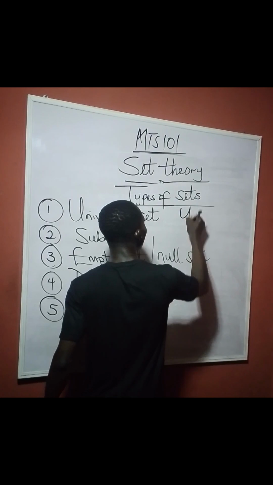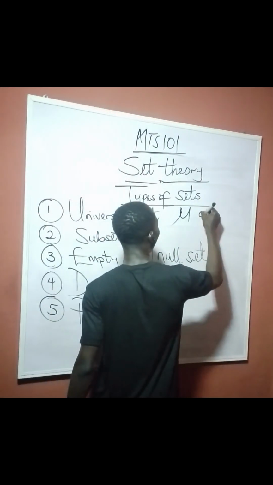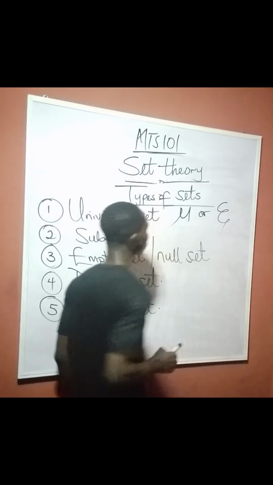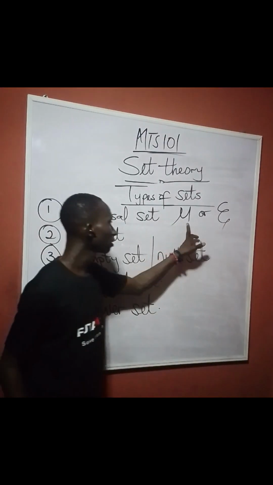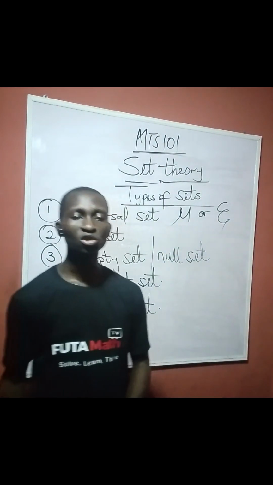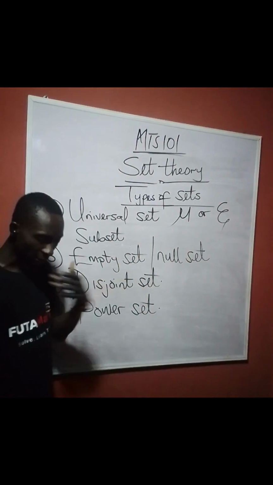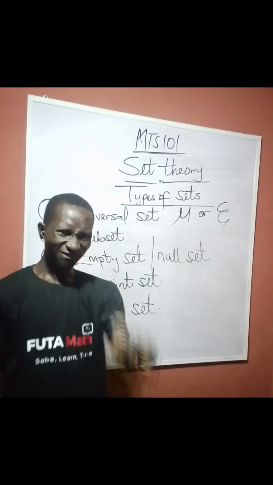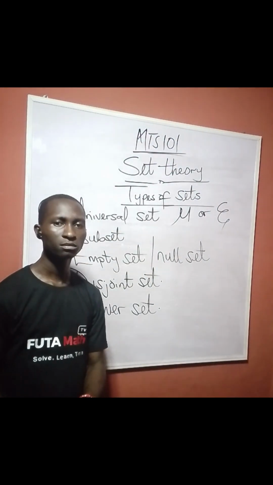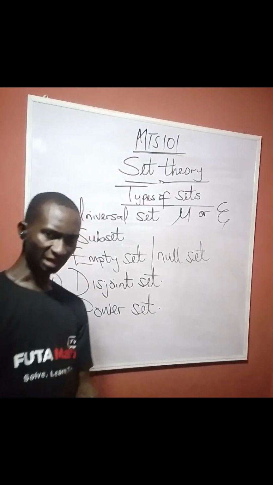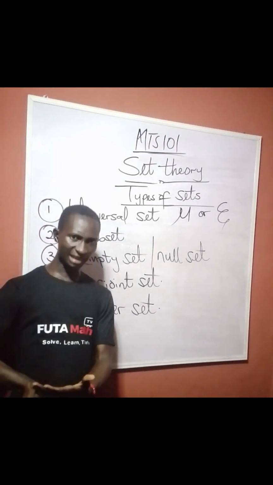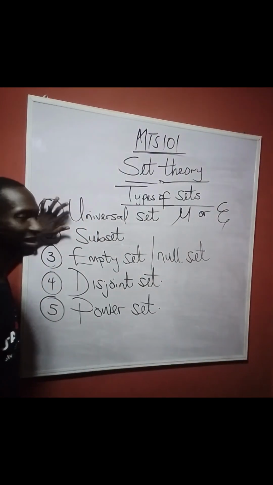And it is denoted by this symbol or this. When you see this, we are talking about a universal set. Now, subset. A subset is just a fractional set, I can call it a second set obtained from the universal set.